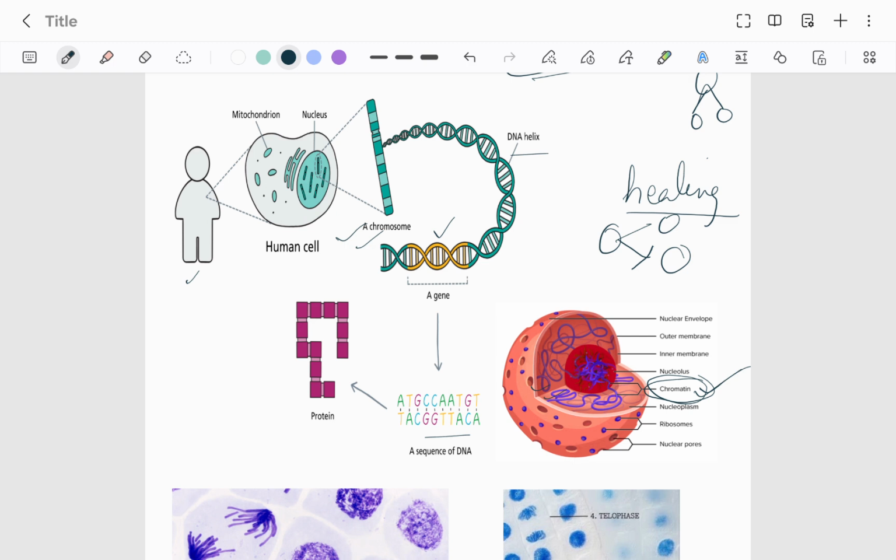Suppose I say there is a thread, and there is a beautiful portion I have colored here, and I ask you, okay, you go there and reach it. If the thread is loose, you can easily touch that portion.